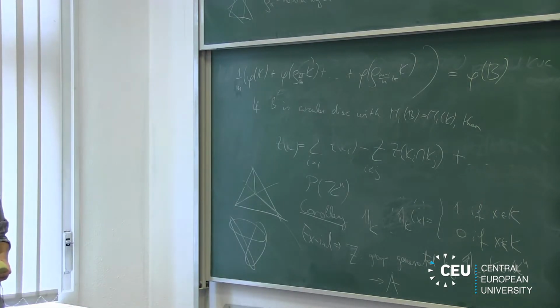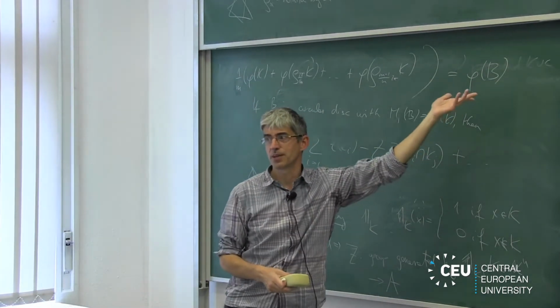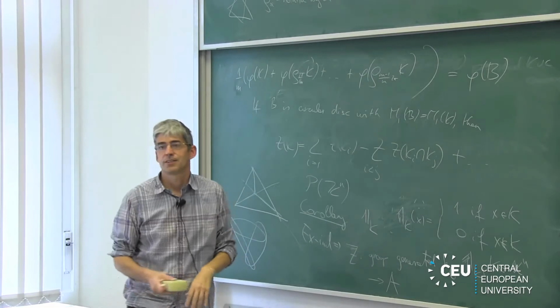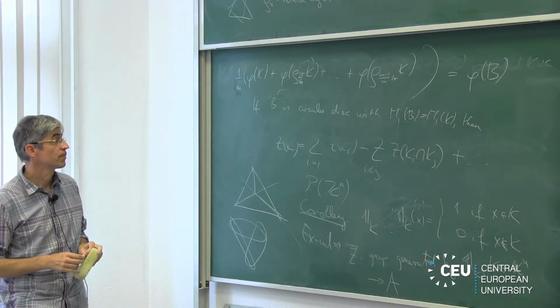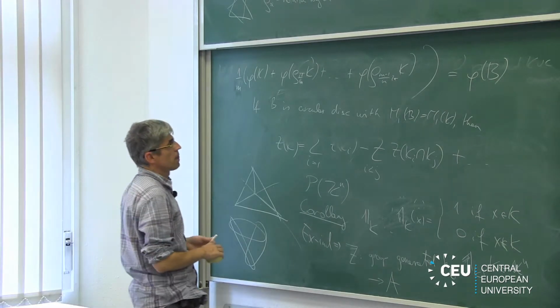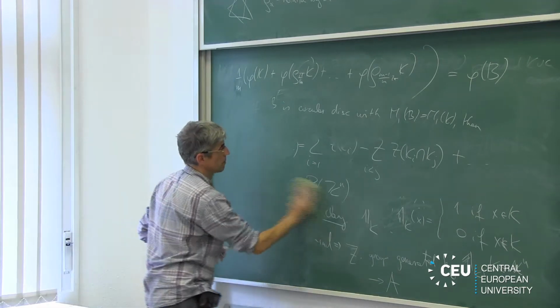Maybe you start with the polygon, but the average is a circular disk, not a polygon. And this problem couldn't be overcome. So this is a very old open problem.